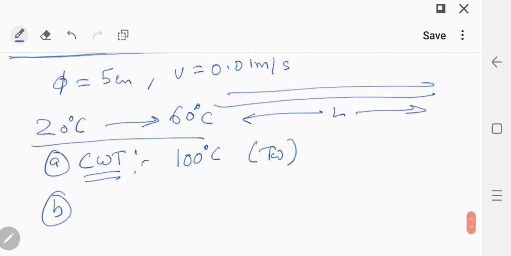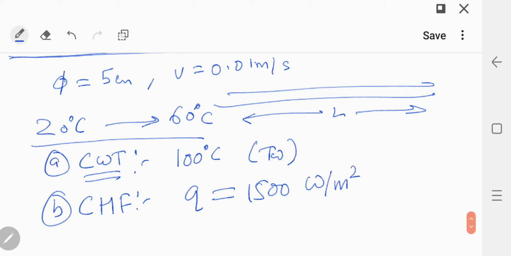And second condition is constant heat flux condition, that is, electrical wire is wrapped around the outer surface of the pipe so as to provide constant heat flux, that is Q, which is 1500 watt per meter square.